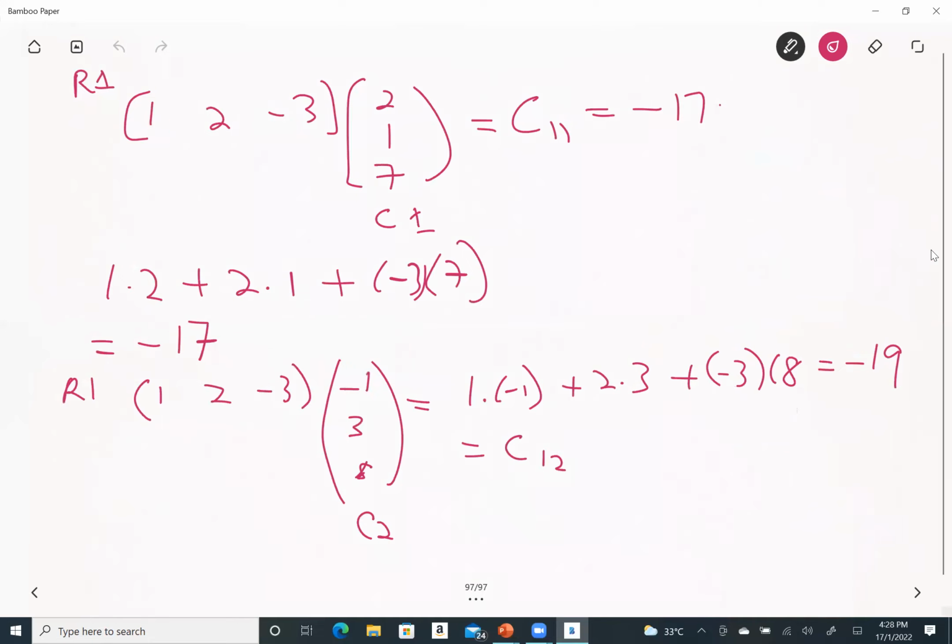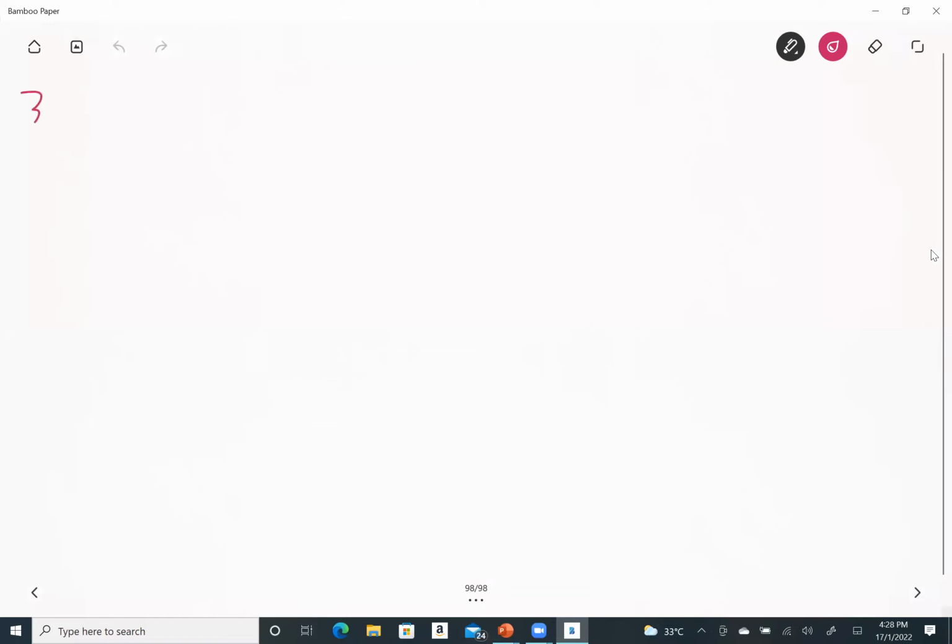Do question number 2, A and B. And then do number 7 up to 13.